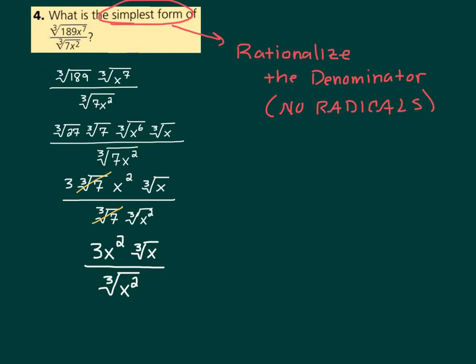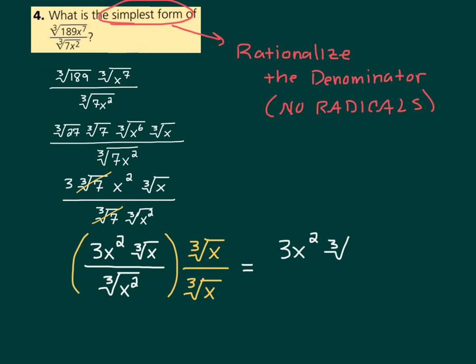What we can do is multiply this entire thing by the cubed root of x over the cubed root of x. Okay, the reason that rationalizes, now in the numerator we're going to have 3x squared times the cubed root of x squared now, because we multiply these two together, all over the cubed root of x cubed now, because we multiply these two together.